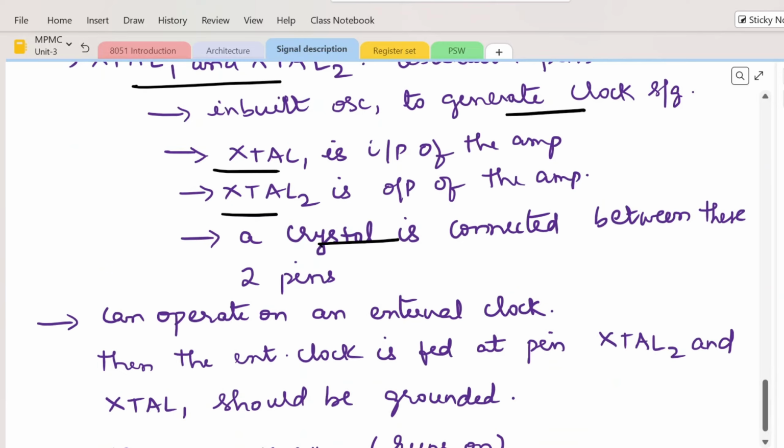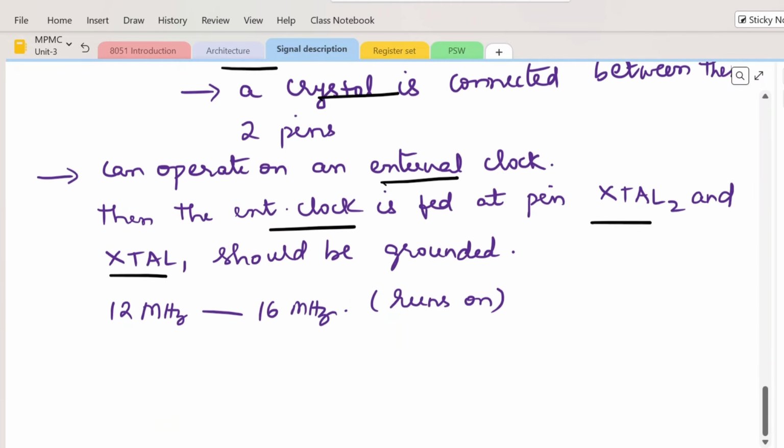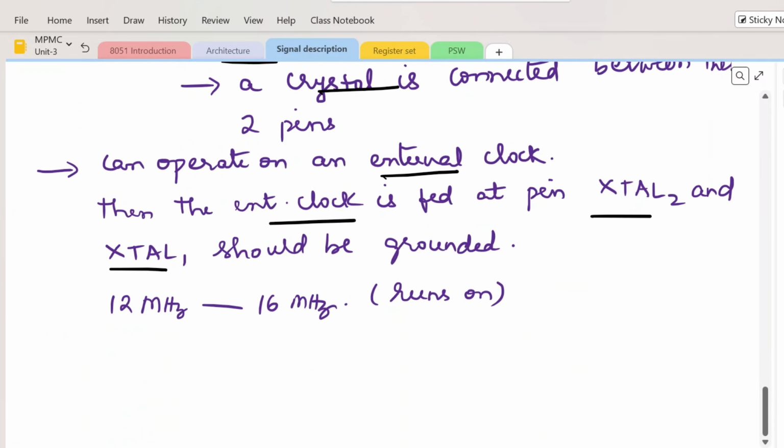It can also operate on an external clock. In this case, the external clock is fed to the pin XTAL2 and the pin XTAL1 should be grounded. The operating frequency is generally from 12 MHz to 16 MHz.